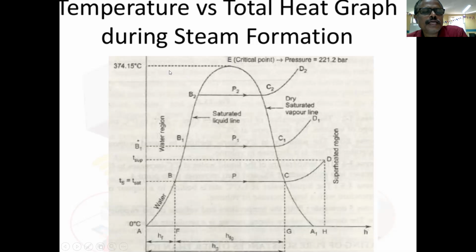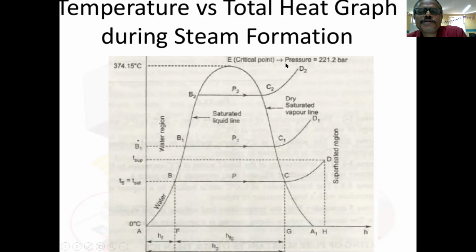There are critical temperatures and critical pressures. The critical temperature is 374.15 degrees centigrade. It is the temperature corresponding to the critical point. That means the boiling point of water is 374.15 degrees centigrade at critical pressure.